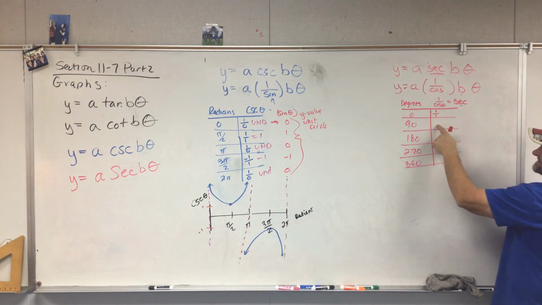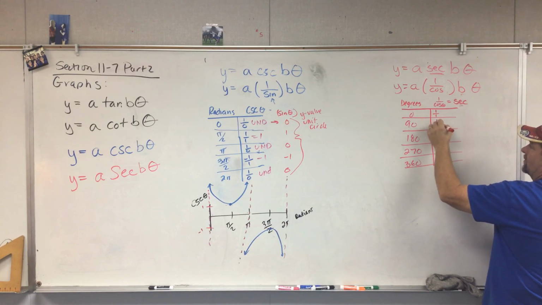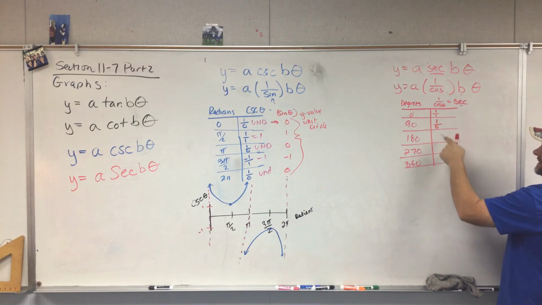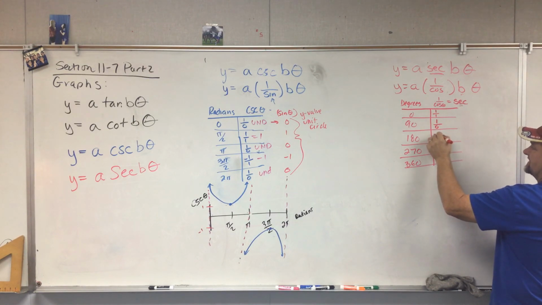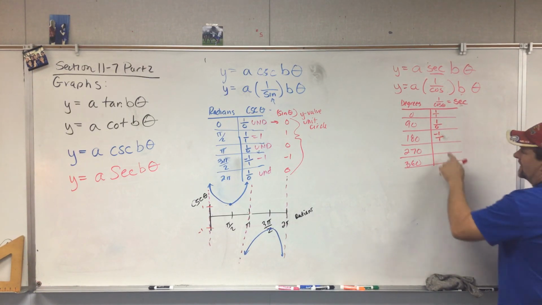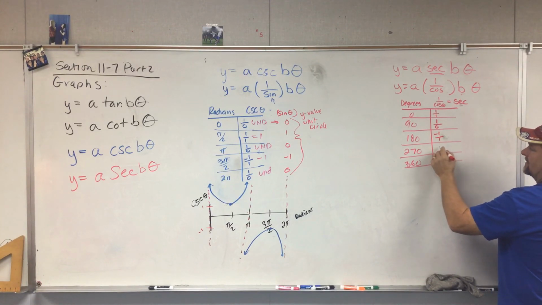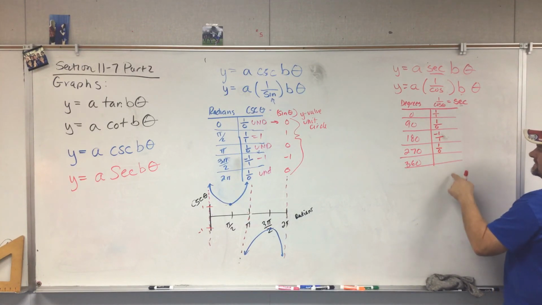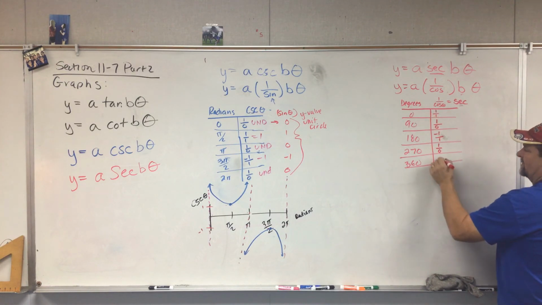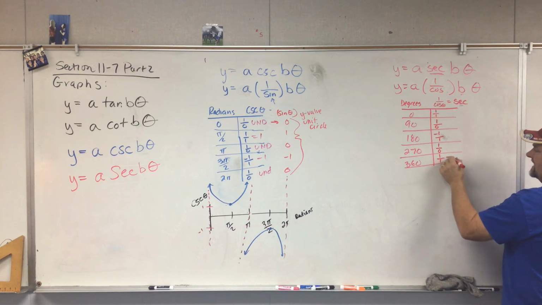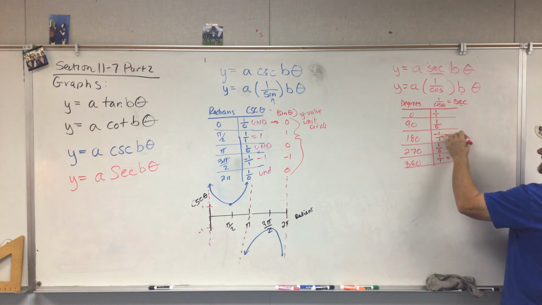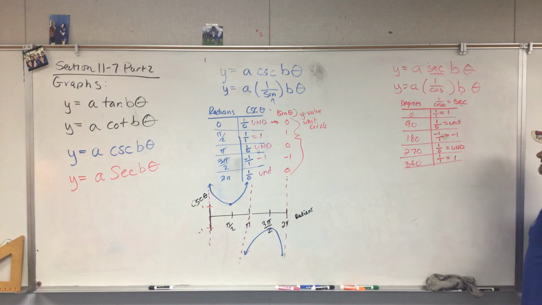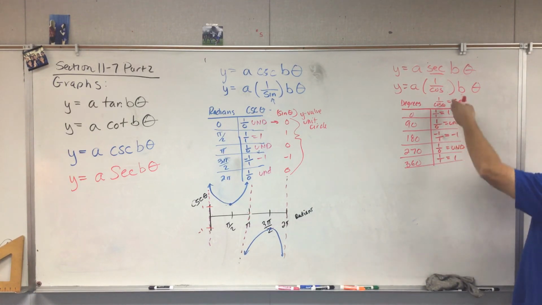Cosine here is 0, so this will become 1 over 0. Cosine at 180 is negative 1, so this becomes negative 1 over 1. Cosine at 270 is 0, so this becomes 1 over 0. And we're back here, which is the same point as that, and we're at 1 over 1. So we get 1, undefined, negative 1, undefined, and 1. So that's my secant.